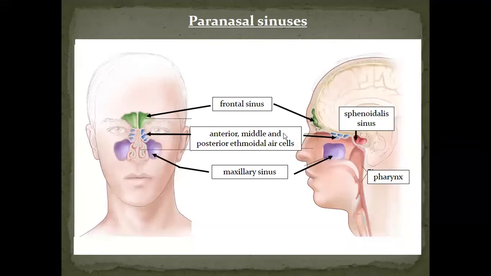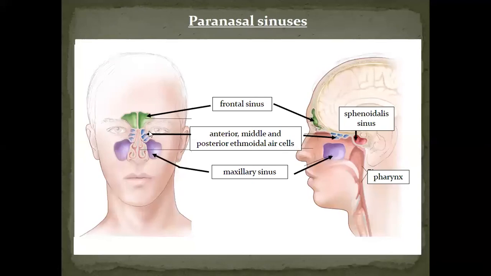The biggest one is the maxillary sinus, found in the maxilla, just next to the nasal cavity. The second biggest one is the frontal sinus, which is found in the frontal bone, just above the nasal cavity and the orbit. And then in the ethmoidal bone, we have the anterior, middle, and posterior ethmoidal air cells.